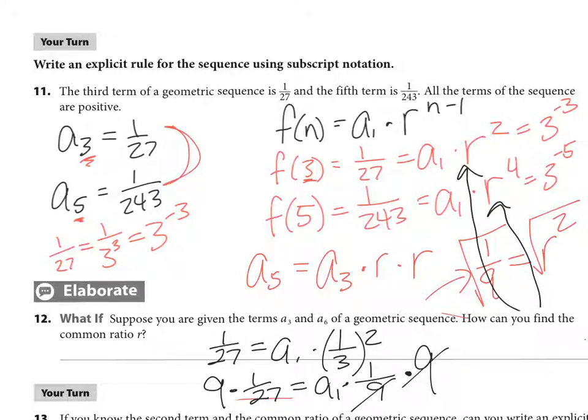So now I'm going to figure out what a1 is. 9 times 1/27, math frac, I get 1/3. So in this case, what ended up happening? Our common ratio was 1/3, but also our first term was 1/3. Questions?